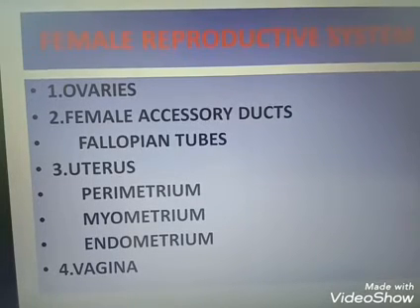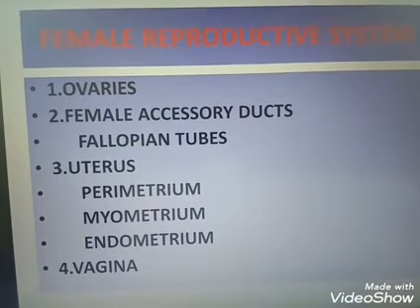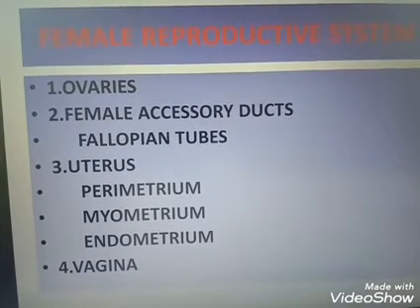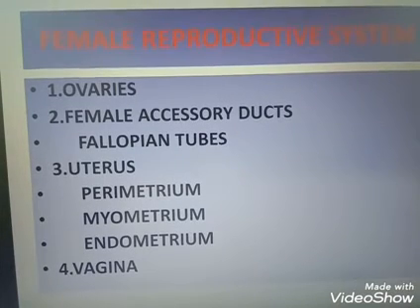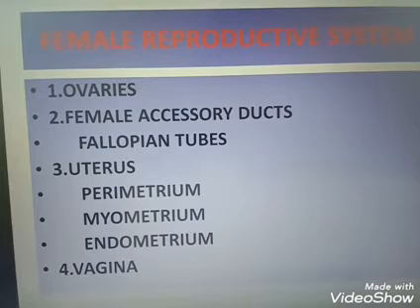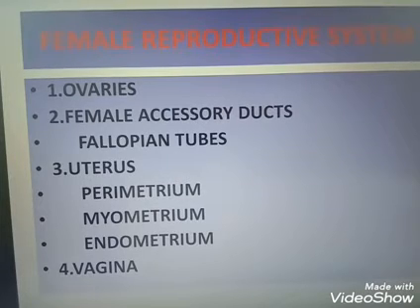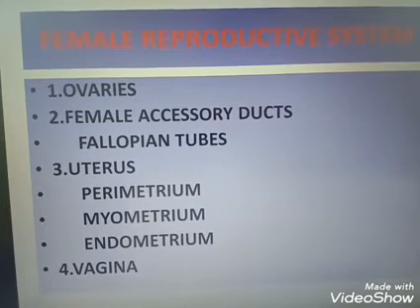It's a poorly developed connective tissue layer below the germinal epithelium, so it is made up of connective tissue. Then the third layer is the ovarian stroma, with an outer dense layer called cortex and an inner loose layer called medulla.